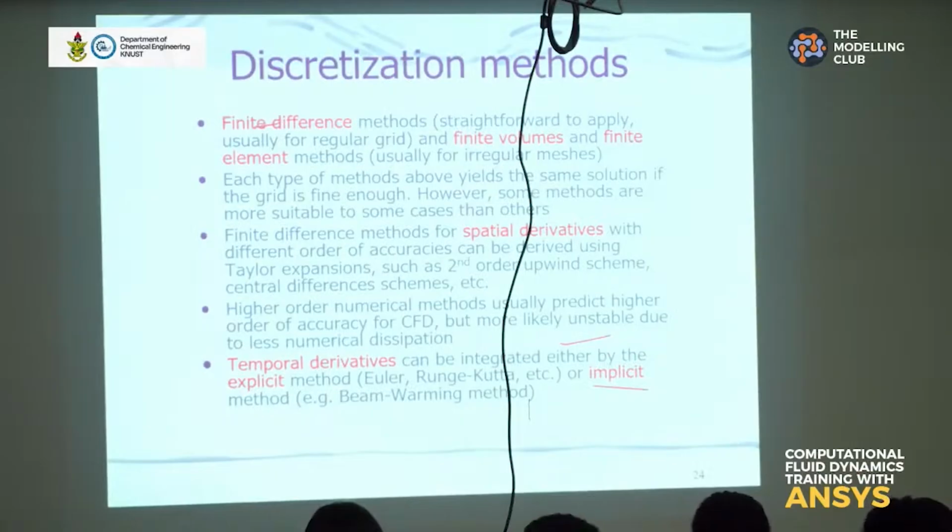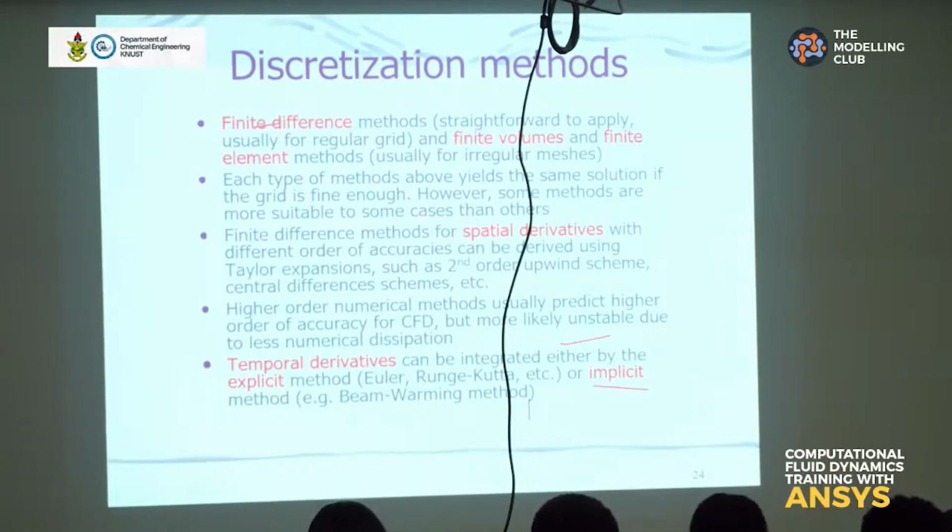Finite element methods are more applicable to structural problems where you are determining stresses and strains within a structural material. Whereas in fluid flow systems, with the impact of fluid forces or stresses on objects, you use either the finite difference or the finite volume approach. Each of the methods above gives the same solution if the grid is fine.